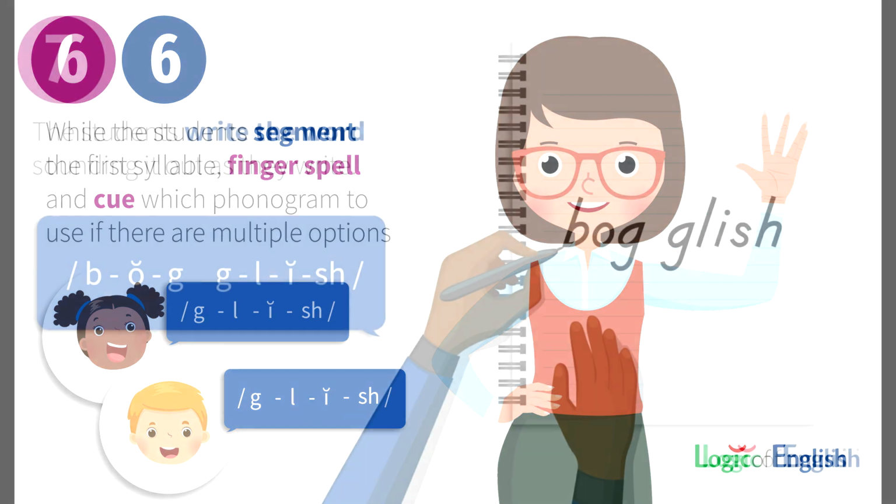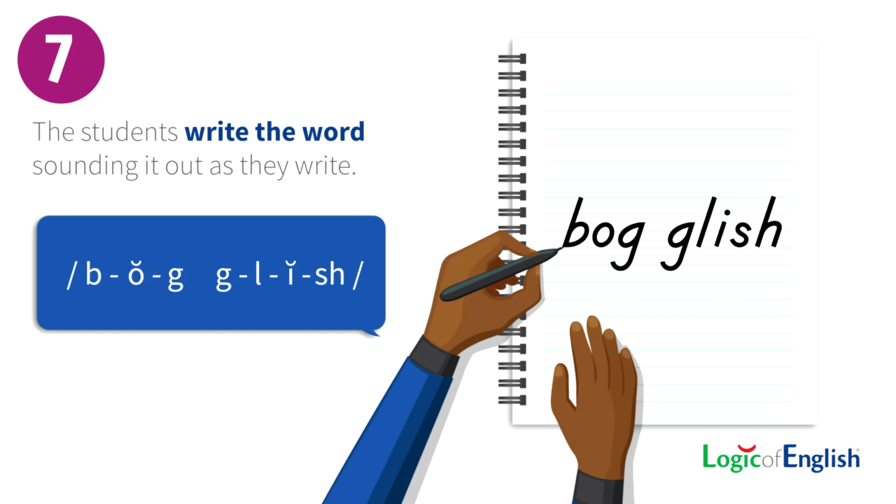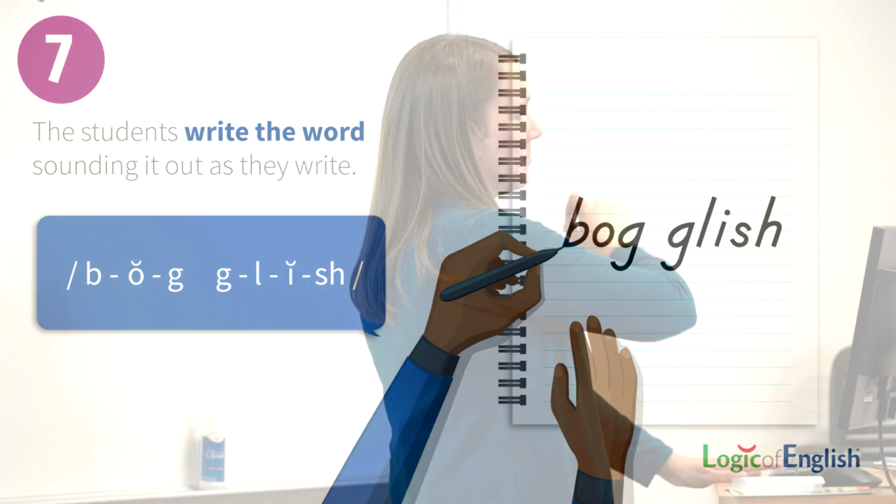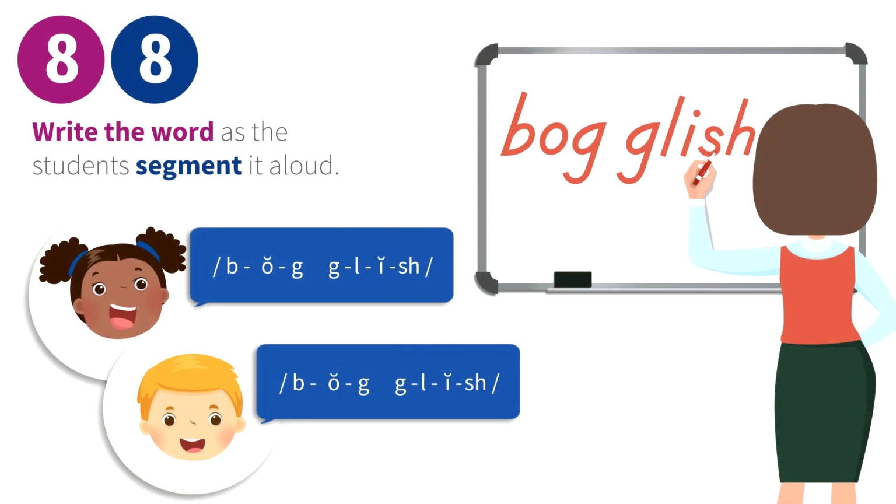Okay? Then the students will write the word sounding it out as they write it. So I'm a student writing B, A, G, U, I, sh. And then you will write the word as the students segment it. First syllable is bog, B, A, G. Second syllable is glish, G, U, I, sh.